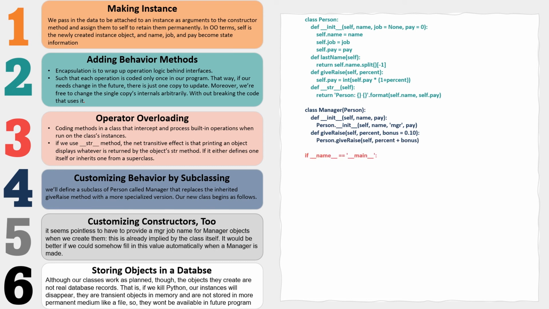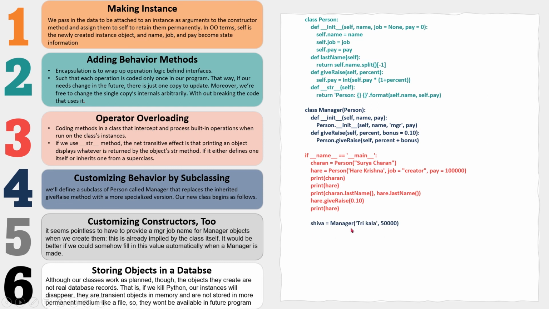Then let's code it, execute it, and we'll see. This is our first object, Charan, then Hari is the second object. These are class objects, Person class objects. Then we write attributes as well as the give raise method for both of them. Then the black color ones are Manager class. So Shiva is a Manager class object, and Shiva.give_raise will give you a different value, and then Shiva.last_name, and then print the Shiva object.